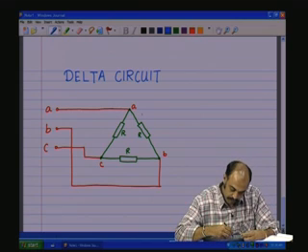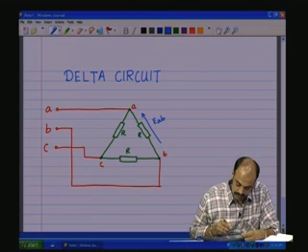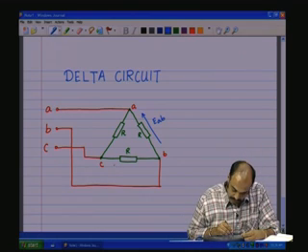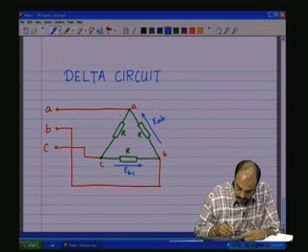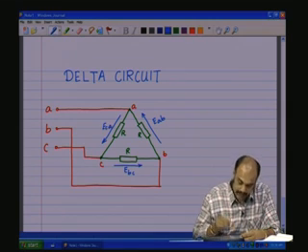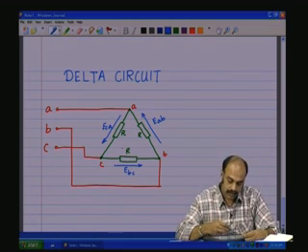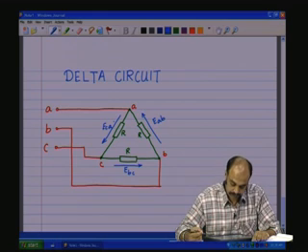A to B, we shall call this E A B. Then we shall call this E B C, and we shall call this E C A, cyclically. Cyclically, we have EAB, EBC, ECA.